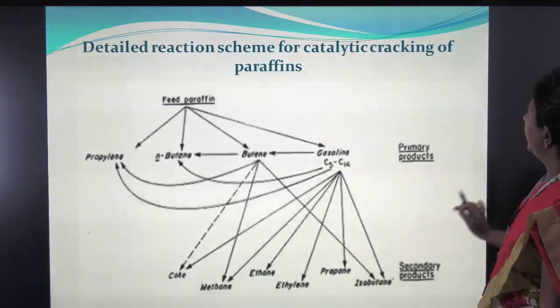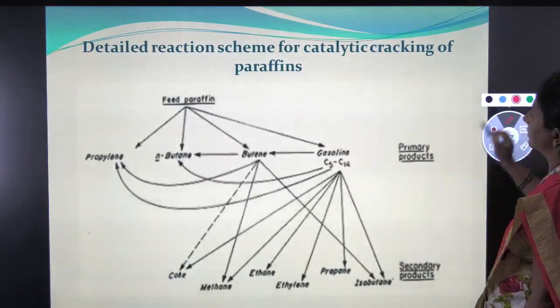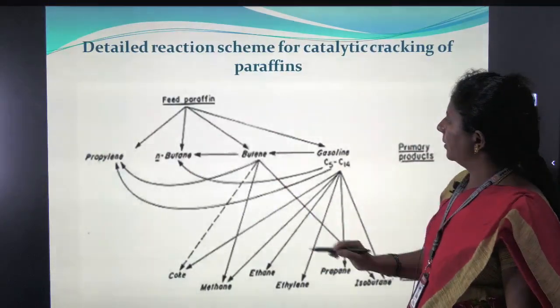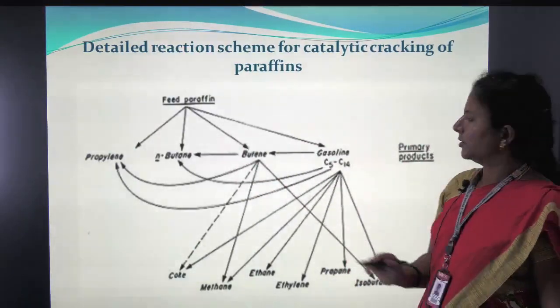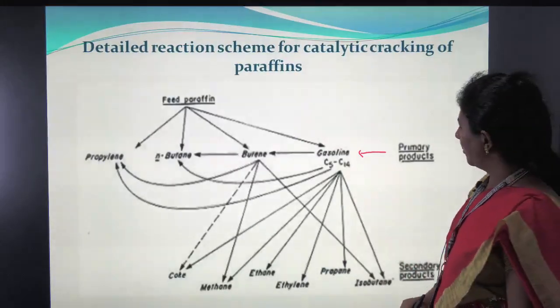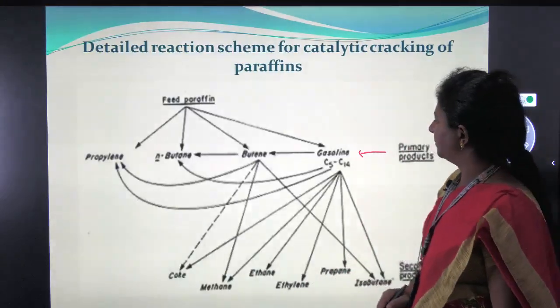So coming to the detailed scheme of catalytic cracking of paraffins. The feed paraffins give propylene, butane, butene, gasoline. All these are the primary products. From these primary products we get the secondary products.